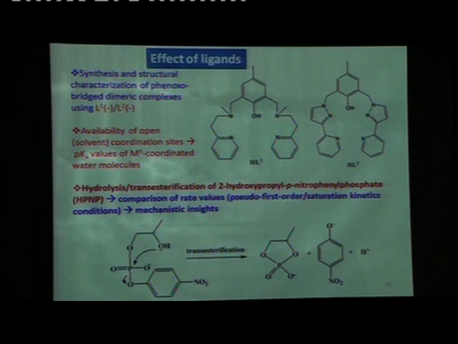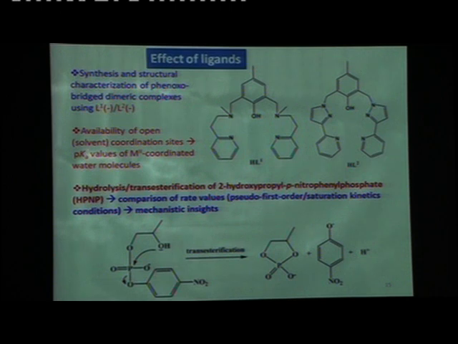So that kind of situation, you imagine. The bridging is common, this tag and that tag common, one CH2, one CH2, one CH2, one CH2, almost the same. The only thing is the terminal is different. Very rigid, flexible. Why flexible? Two CH2s, ethylenediamine, you can just manipulate. Availability of open solvent sites you require, otherwise you cannot do it.